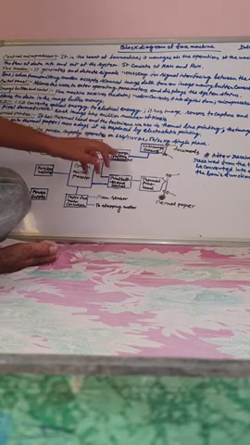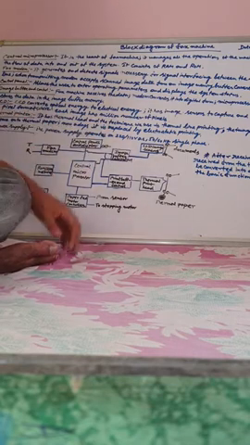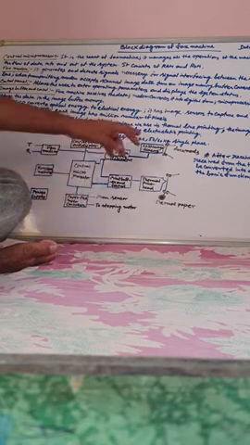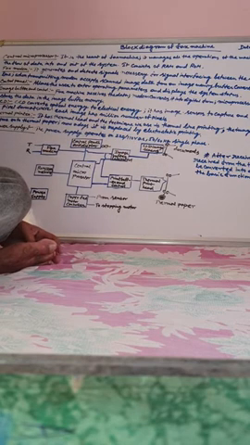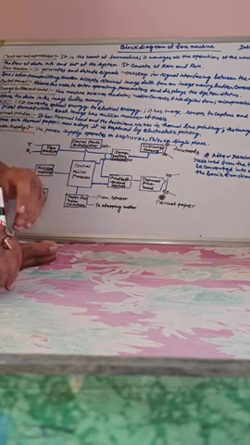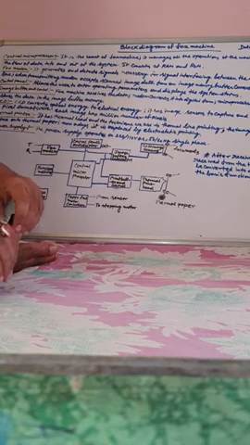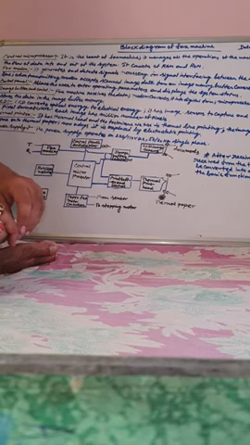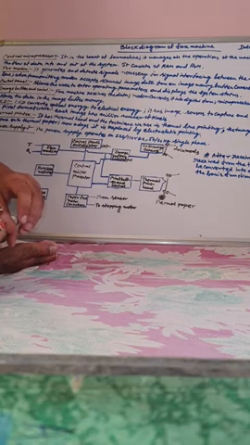The image buffer memory sends the data directly to the CCD image sensors, whereas the CCD converts optical energy to electrical energy.